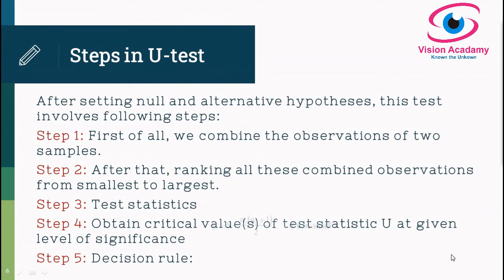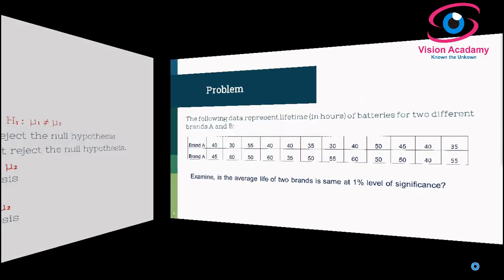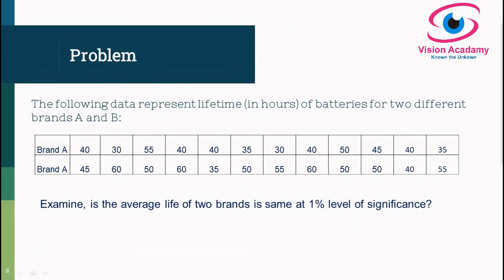Now let us consider a problem for solving with Mann Whitney U-test. In this problem, the following data represent the lifetime of batteries of two different brands, brand A and brand B, and the respective battery hours are given here. For brand A: 40, 30, 55, 40, 40, 35, 30, 40, 50, 45, 40, 35, and so on.